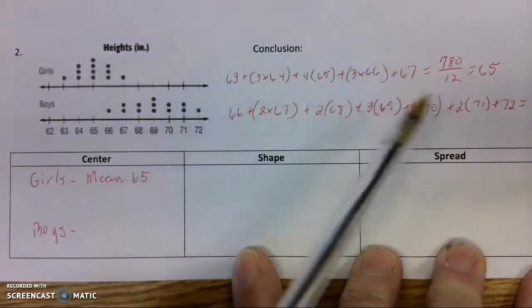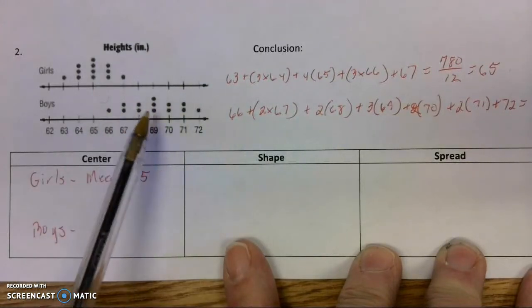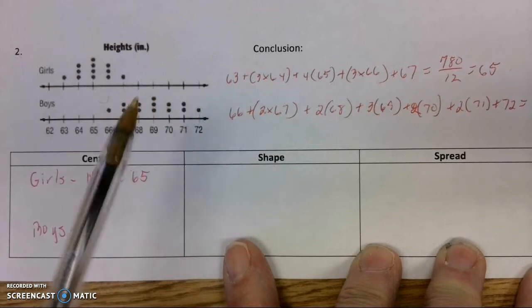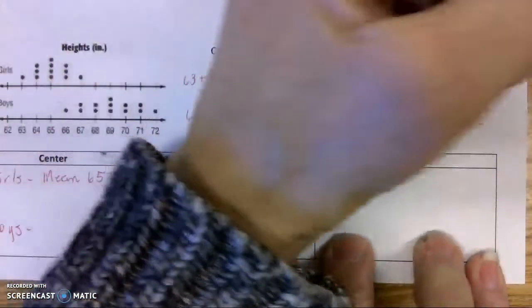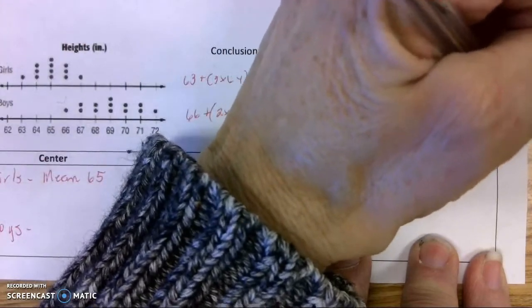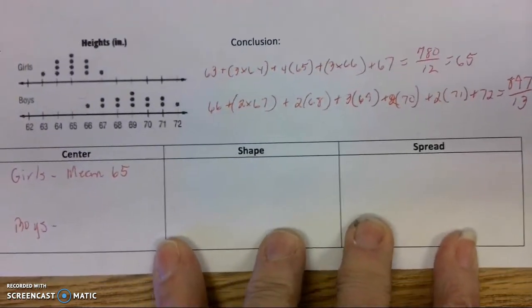Again, with the boys, there are 13 data points here: 1, 2, 3, 4, 5, 6, 7, 8, 9, 10, 11, 12, 13. So I need to make sure that I've added 13 numbers. When I add all that together, I get 897 divided by 13.